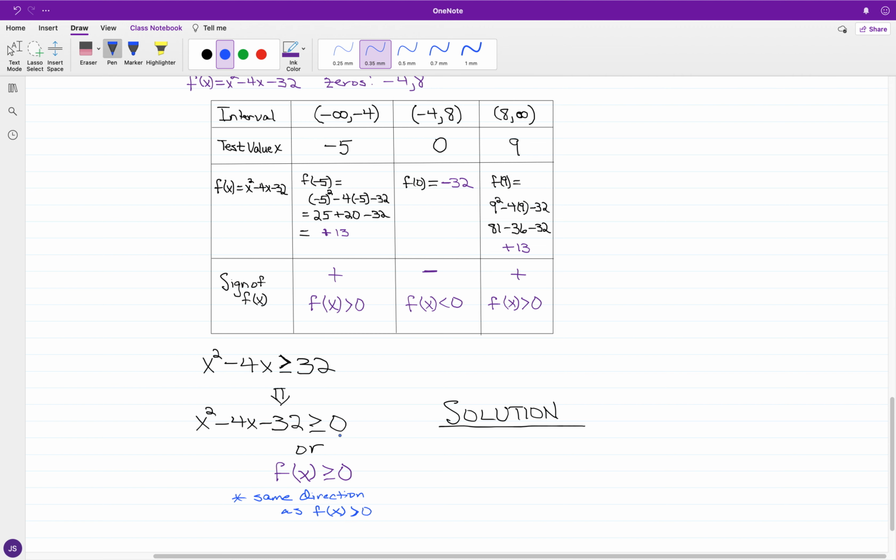Now for the limits in the solution, we're looking at the first and the last subinterval sections. So we're involving negative infinity and negative 4, and also where f of x is greater than 0, we have 8 going out to infinity.